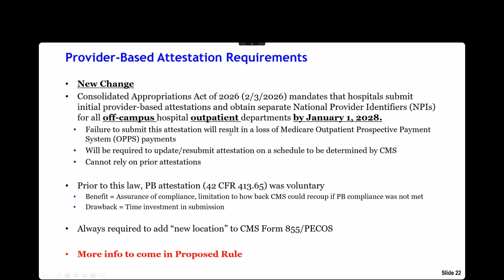Depending on how CMS comes out with this proposed rule, they may be able to exclude CAWs. But again, since there's a payment difference, I suspect they probably wouldn't want to. It would change what happens if there was a failure, because it's not a claim issue, it's a cost report issue. But I suspect that will need to be included as well, even the CAW, because there's quite a bit of risk there. That's the reason I say that.